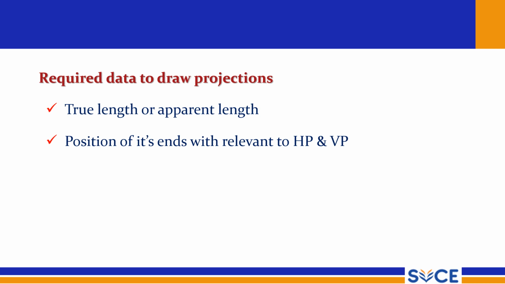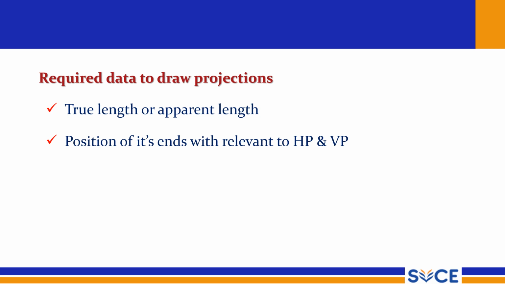Position of its ends relative to HP and VP. With respect to these two principal planes, we are going to define the position. The position will be given in the problem statement. With that, we are going to locate the first end. Either the first end or the second end, both can be defined and positioned with respect to these two planes, and that position is very important.